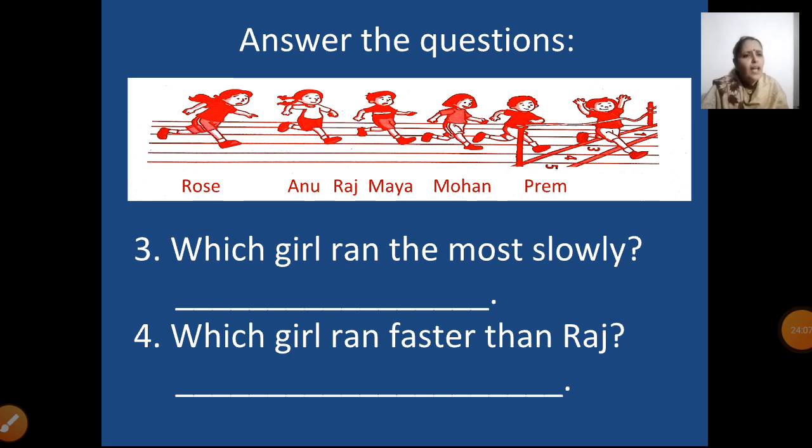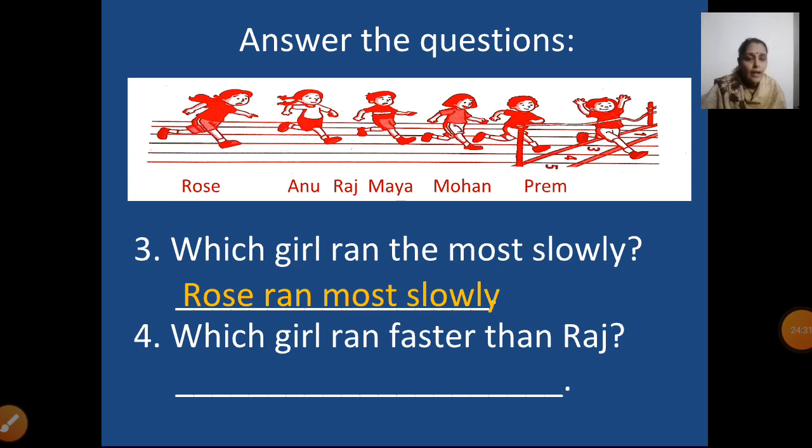Which girl ran the most slowly? Look at the picture. Rose ran most slowly. Which girl ran faster than Raj?